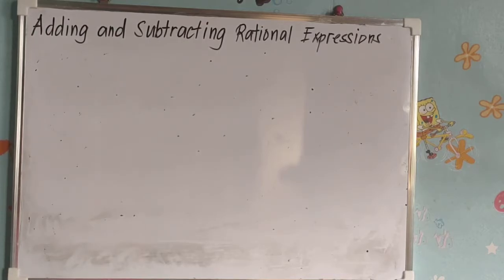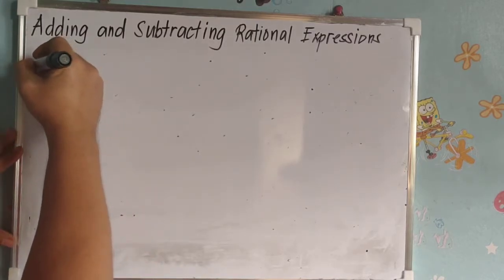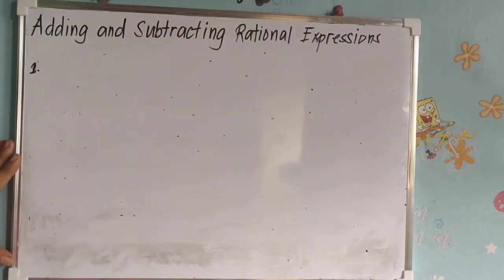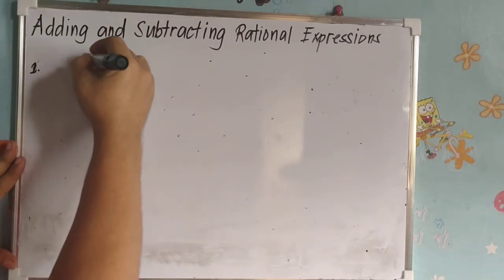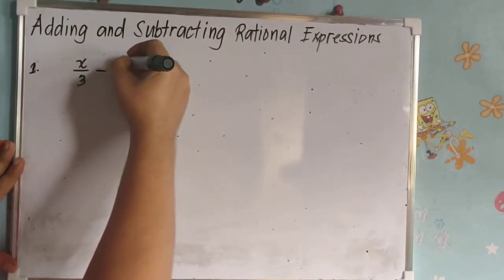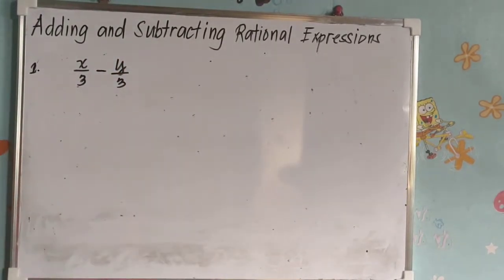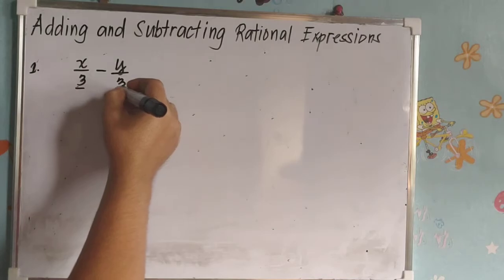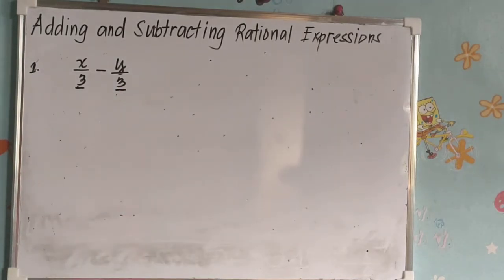So let's start with our number one problem. We have x over 3 minus y over 3. So observe that the two rational expressions are similar rational expressions, meaning they have the same denominator. And the rule in adding similar rational algebraic expressions, we simply subtract or add the numerators and copy the common denominator.